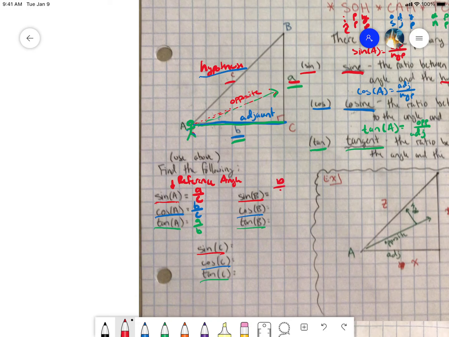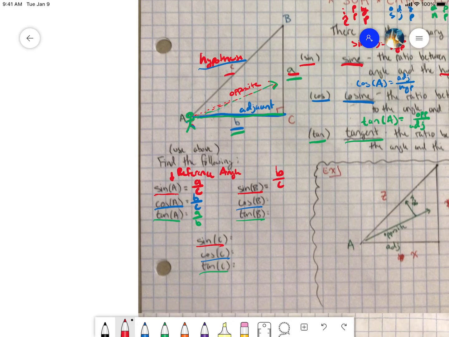So sine of B is B over C. The way that we get that is that our reference angle is B, so I'm actually standing here at B. When I say reference angle, we're always looking into the triangle. So I'm standing at B, and what's the side that's opposite B? B in this case. So it'd be B over the hypotenuse, which is always C.